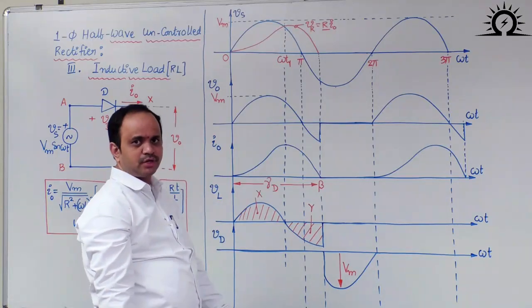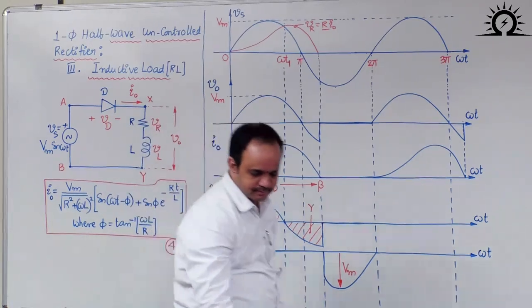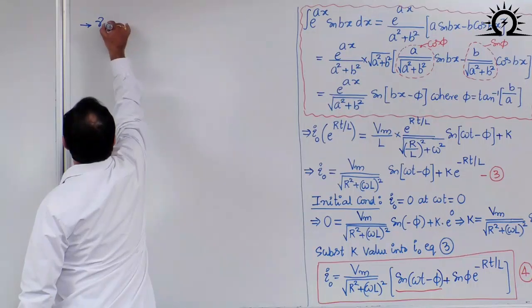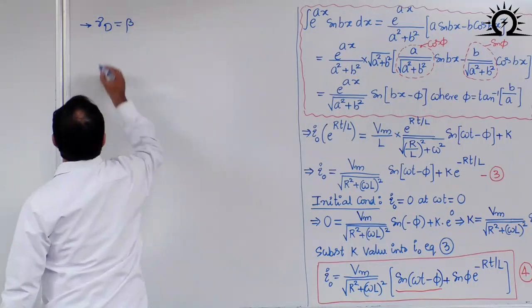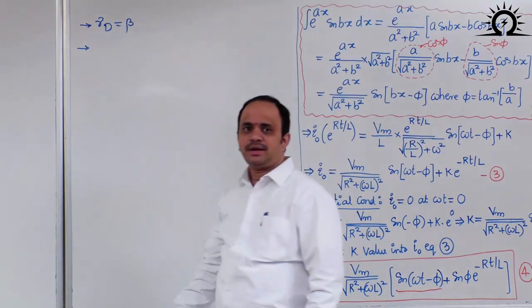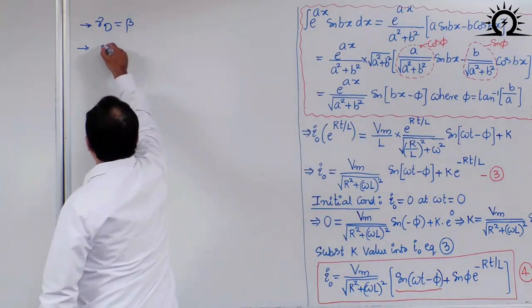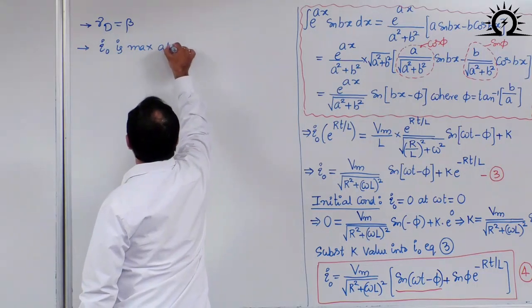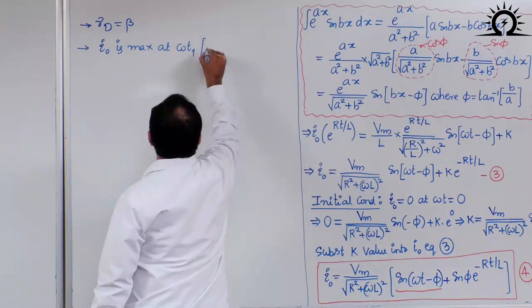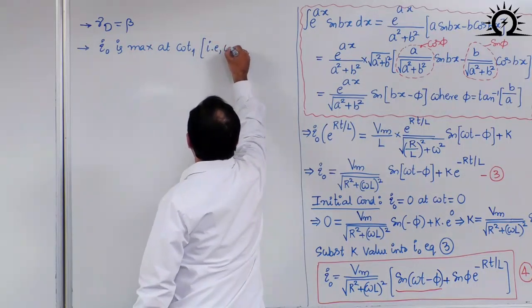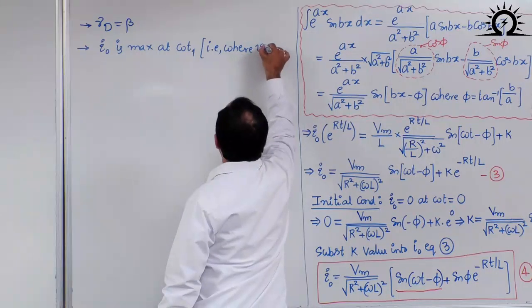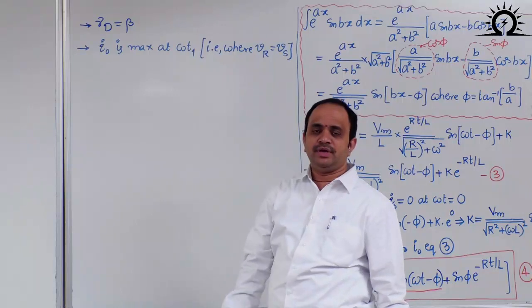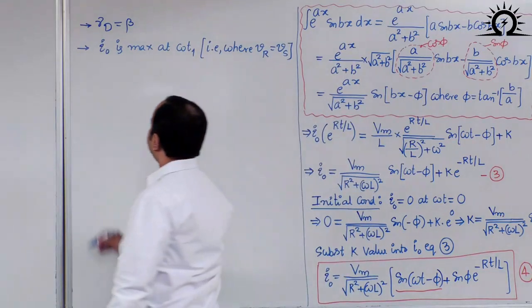Now let us write down these conclusions at one place. The conclusions are: conduction angle for the diode is equal to beta in this particular RL load, and I0 is maximum at omega t1, that is where VR is equal to Vs, wherever VR and Vs are numerically equal.